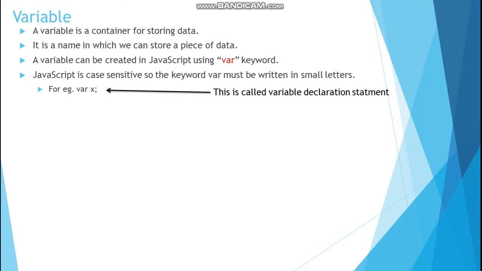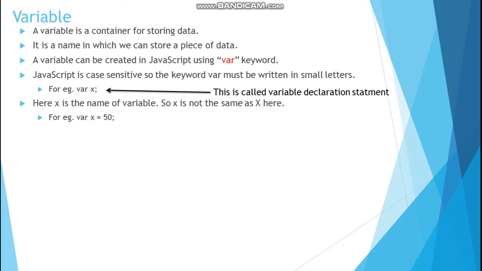Here var is known as a keyword that is used to declare a variable, and x, small x, is the name of the variable, and it gets stored in the computer's memory. So remember, small x is not the same as capital X.